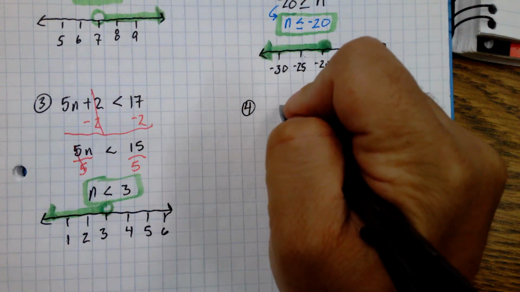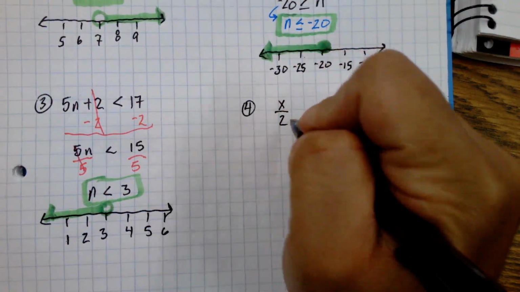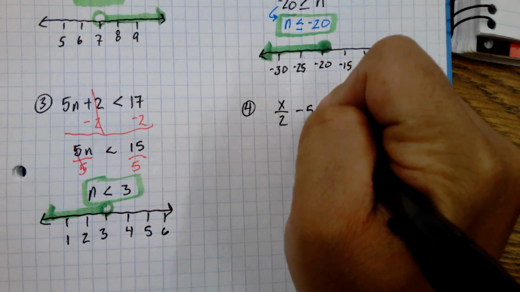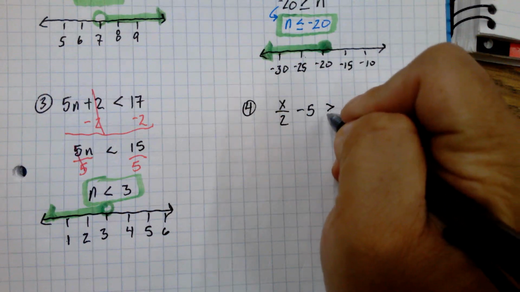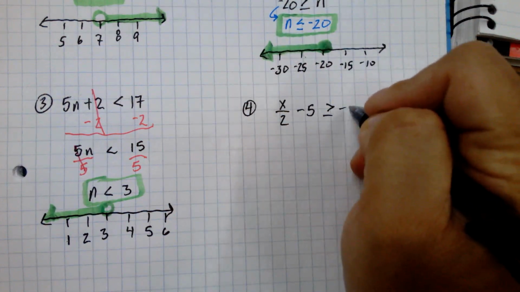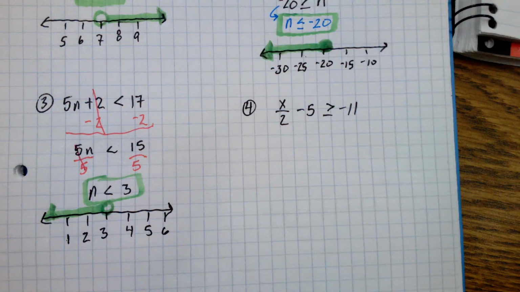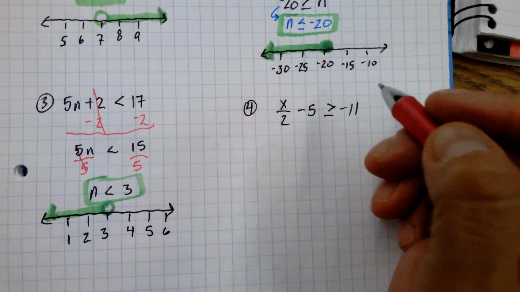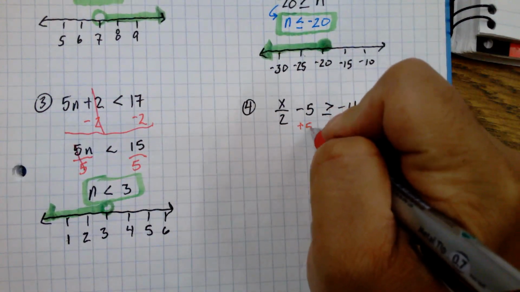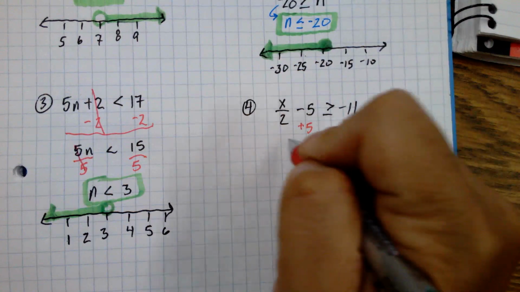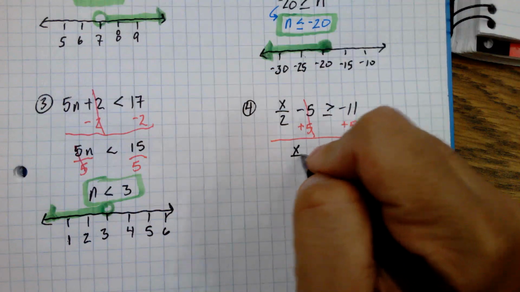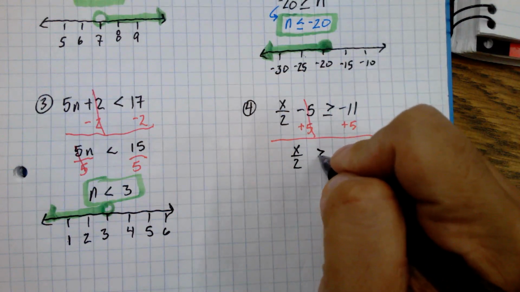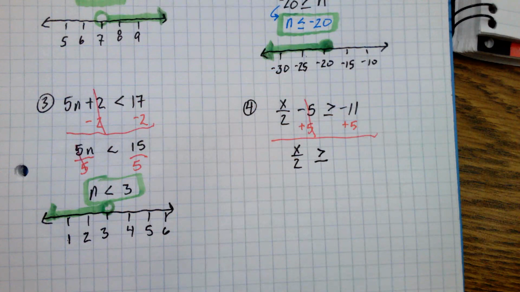Okay, so try this one. x halves minus 5 is greater than or equal to negative 11. Okay, so first we'll get rid of that 5 with a positive or plus 5. So we get x halves is greater than or equal to, what do we get there?